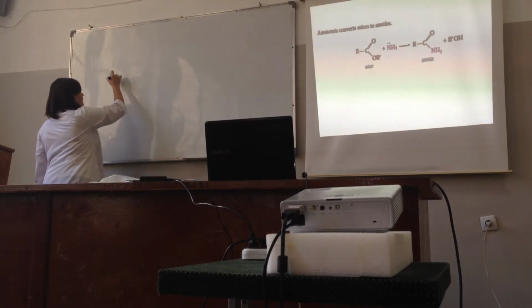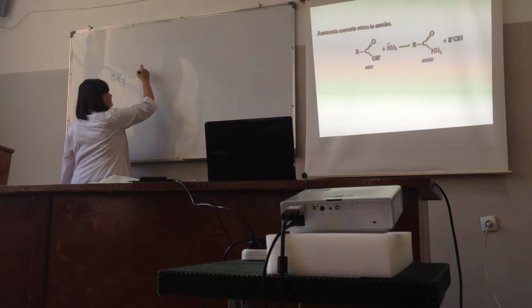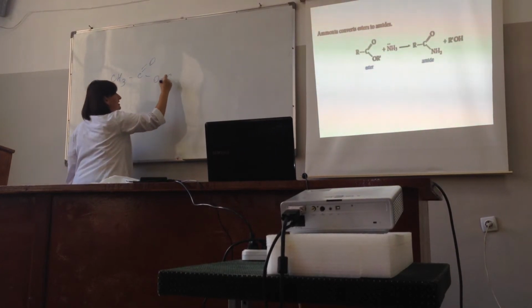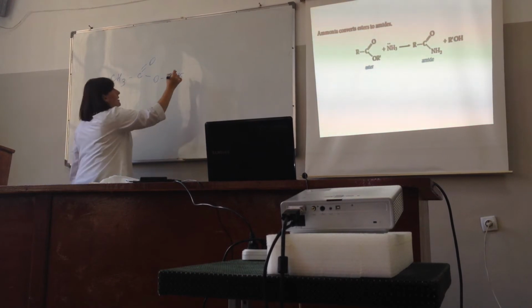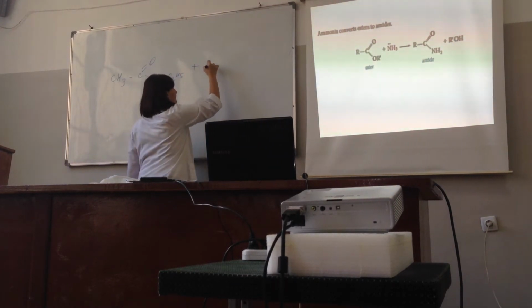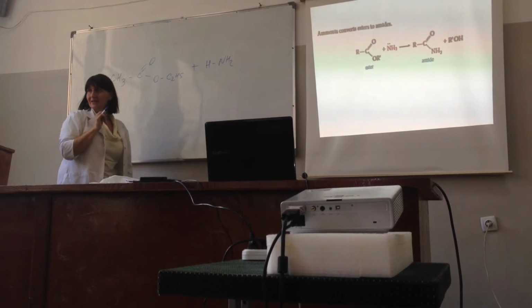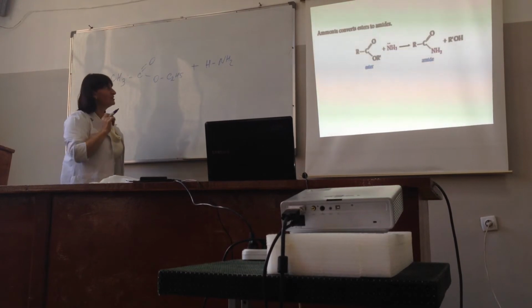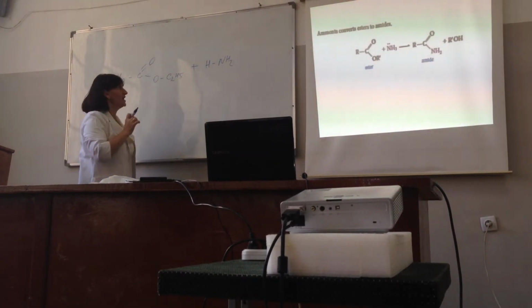Now, once again, I write some particular ester, OC2H5, or something like this, plus, now ammonia, always write like this. In this way, you can easily write the product of your aminolysis reaction.